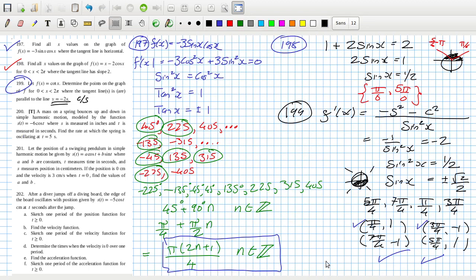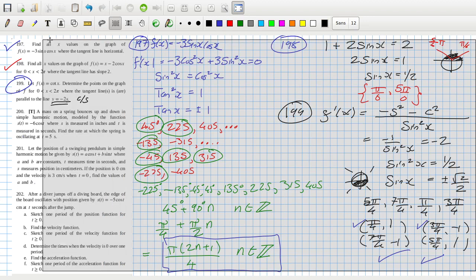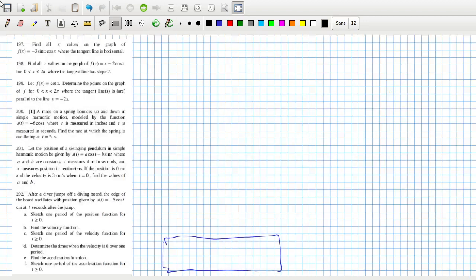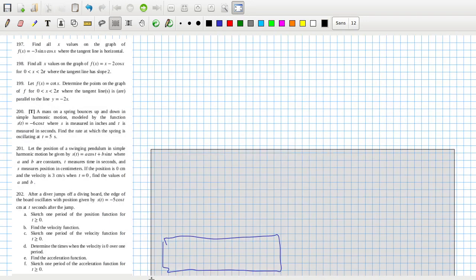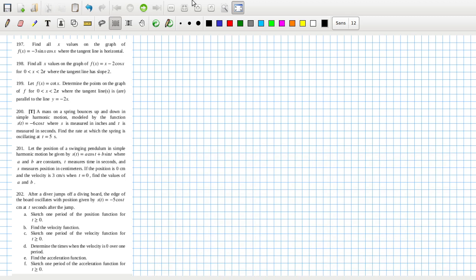201. Let the position of a swinging pendulum be modeled by that equation, where a and b are constants, t measures time in seconds, and s measures position in centimeters. If the position is 0 and the velocity is 3 when t is 0, find the values of a and b.